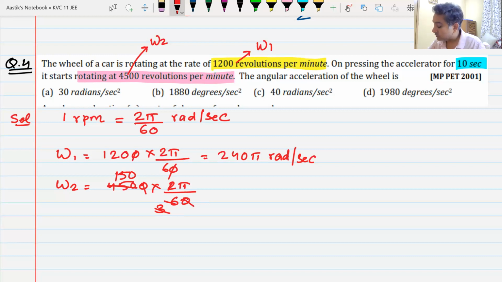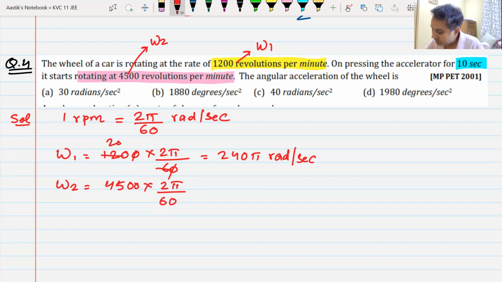I've done it wrongly, I guess. Let me do it again. 4500 multiplied by 2 pi by 60. This is 20, this is 40 pi. Yes, sorry, that was a mistake. Okay. This one goes away. This goes 3 times. This goes 150 times. So I get 150 pi radians per second.